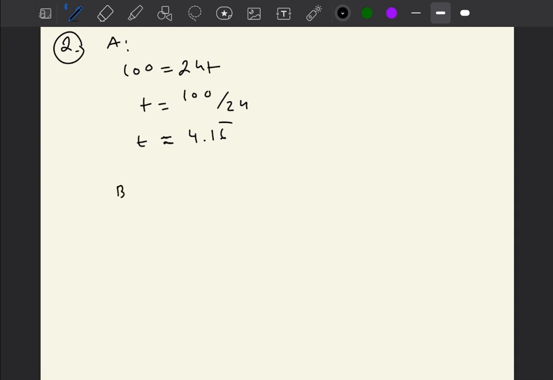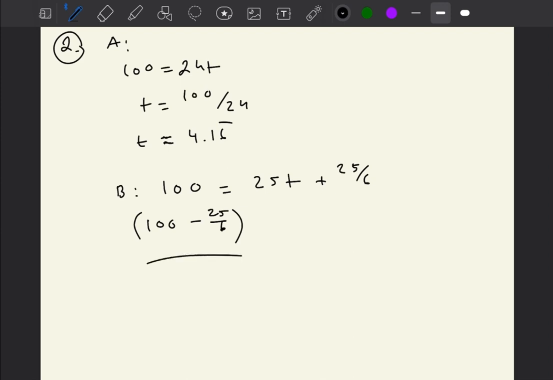For boat B, 100 is equal to 25t plus 25/6. So this is going to be 100 minus 25/6, all of that divided by 25. And what this would equal is around 3.8, well, it would equal 3.83 repeating, which is around 3.8 hours, we can say.